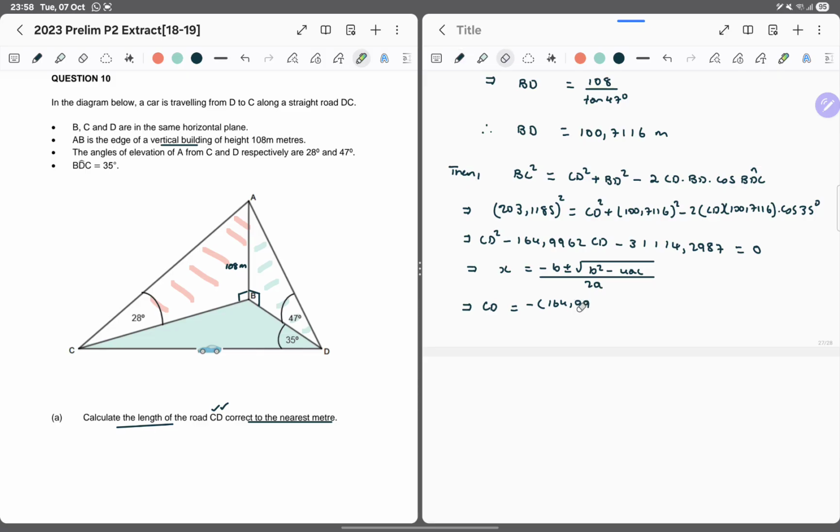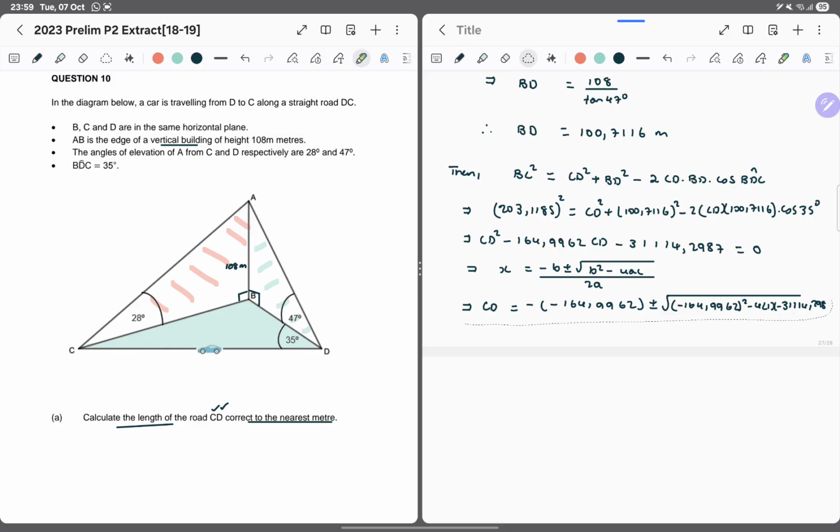Actually, it's negative, so it's going to be minus into minus 164,9962, plus or minus the square root of minus 164,9962 squared minus 4 into 1 into minus 31,114,2987.